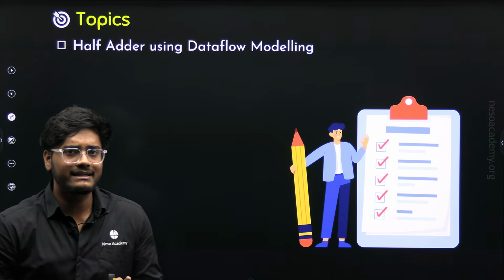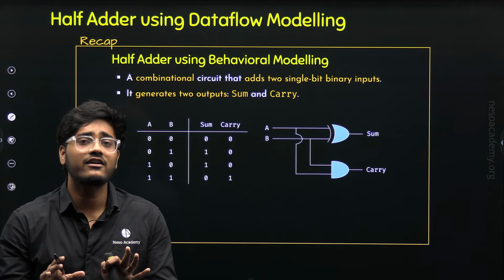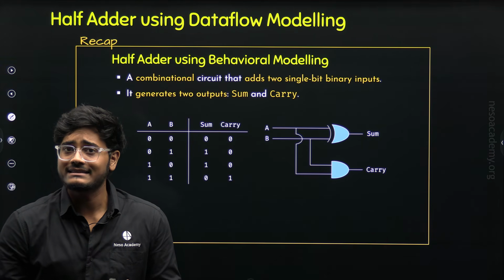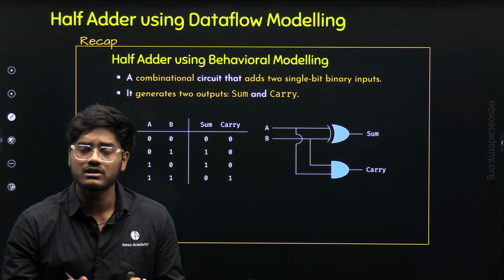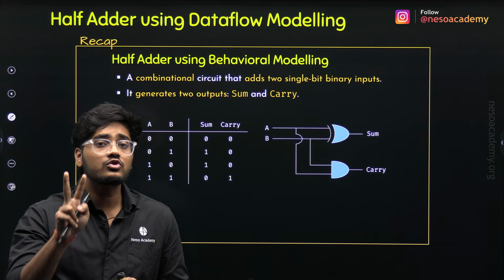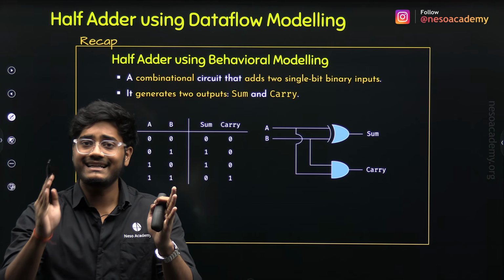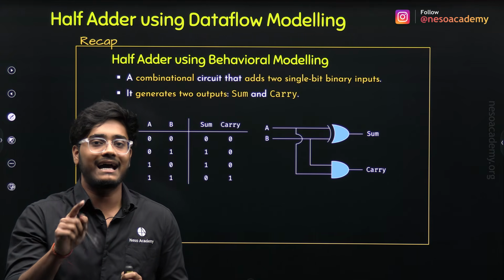Now, before implementing it in Vivado, let us quickly revise the circuit of half adder. We have already seen that the half adder is an adder that adds two single-bit binary inputs and generates two outputs, sum and carry, without considering the previous input carry.